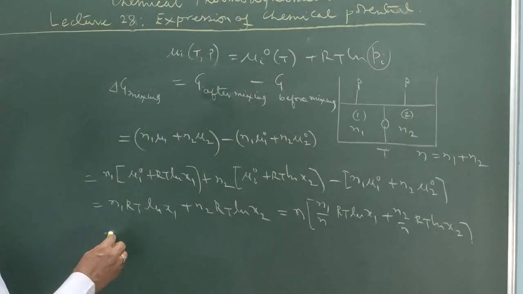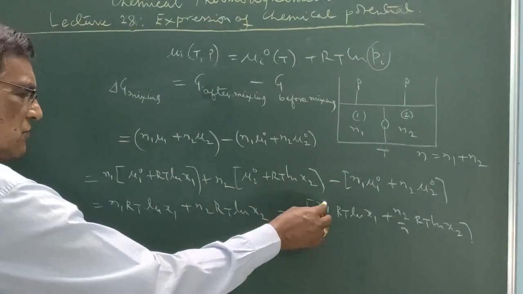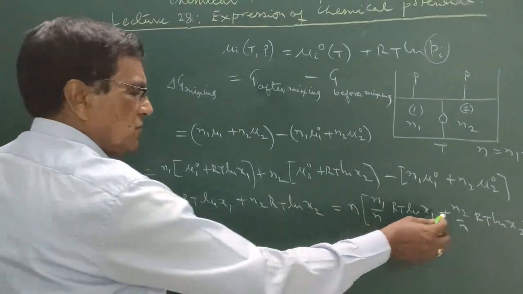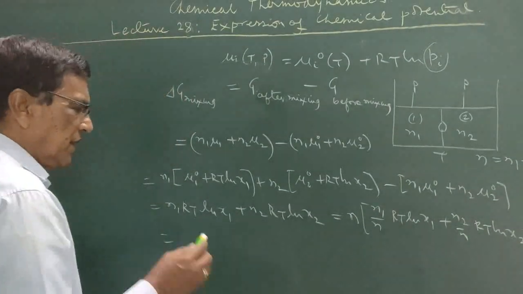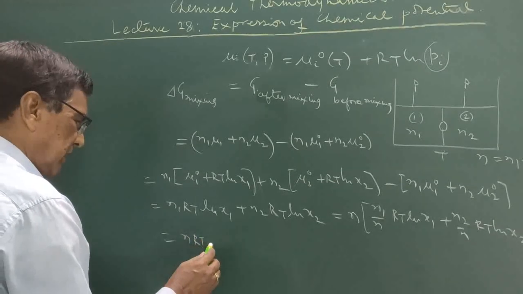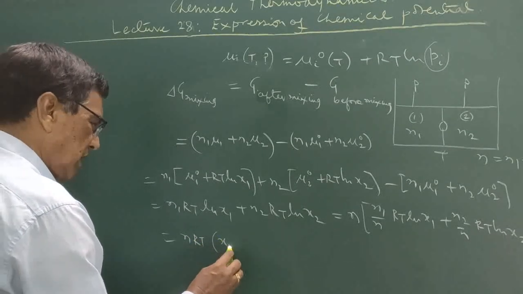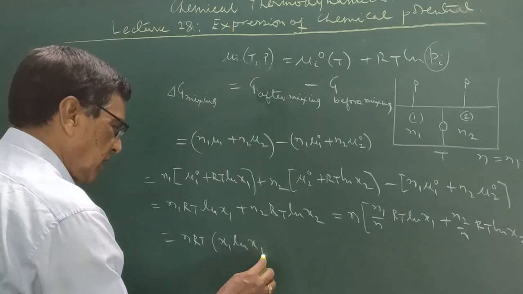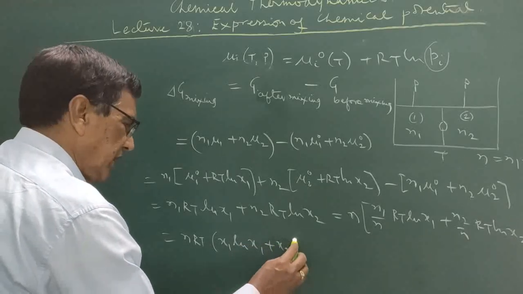This one is the mole fraction of the first component, and this one is the mole fraction of the second component. So nRT will be common, and it will be x1 ln x1 plus x2 ln x2.